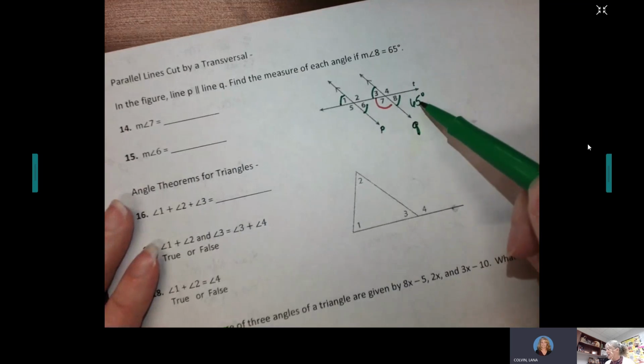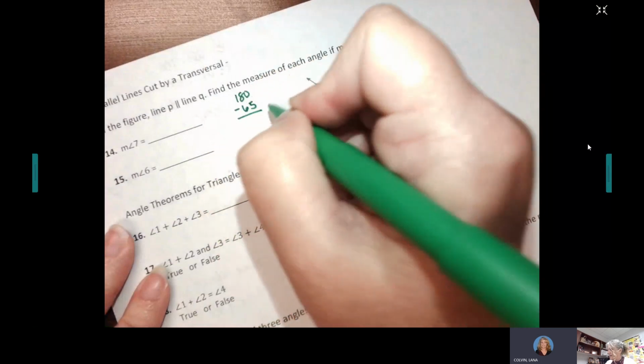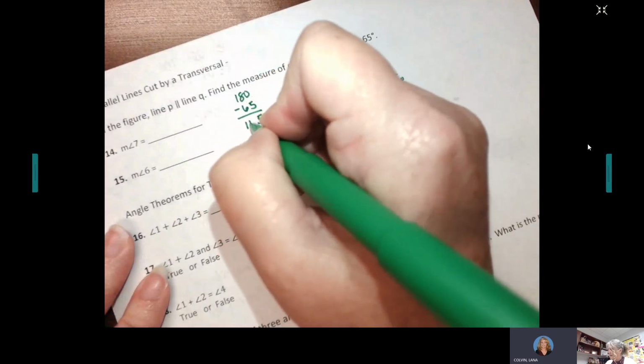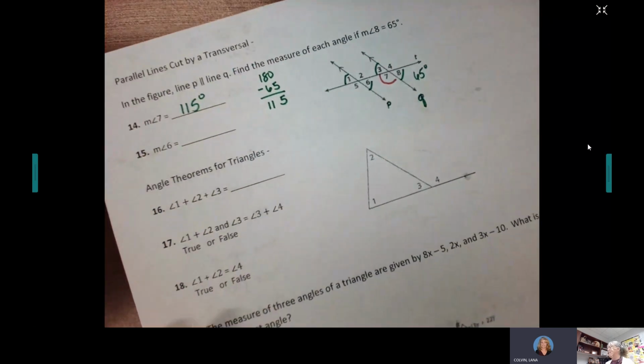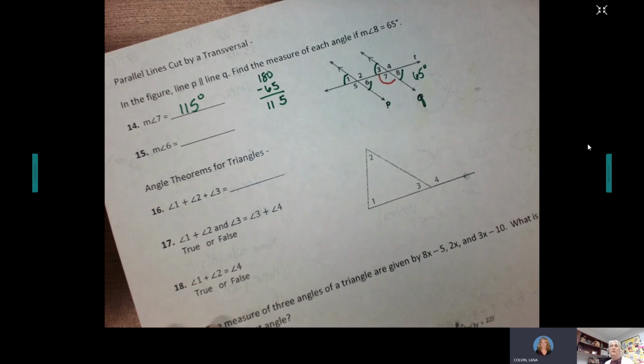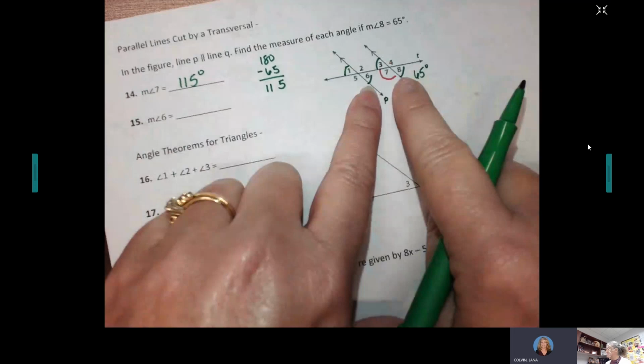If it's not equal to 65, then I'm going to subtract from 180. I'm going to do 180 minus 65. 115 degrees. Just subtraction.